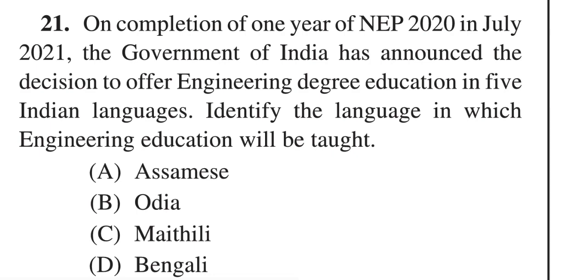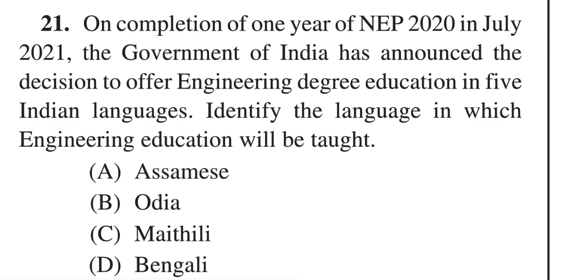Therefore you must know. Okay, so here we have got the question that engineering degree education will be imparted in 5 Indian languages. So we have to identify the language. Now this issue is also going on, that medical education will be provided in native or regional languages of India.